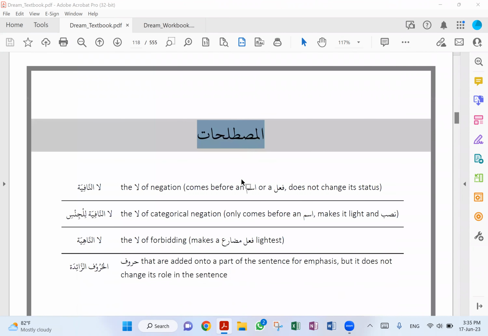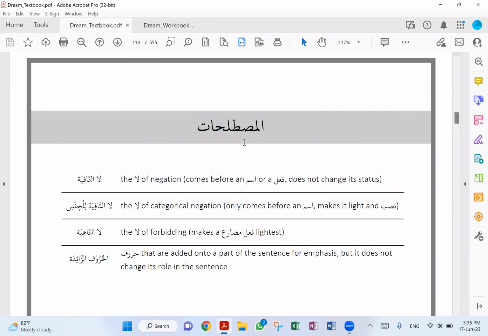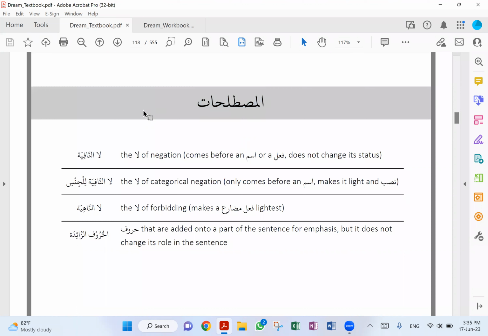And then we have al-mustalahat. Who remembers what al-mustalahat means? Terminology. It comes from istalaha, yastalihu, istilahan, fahuwa mustalihun, and this is the isim maf'ul, the second line, the passive line, from the iqtaraba family.